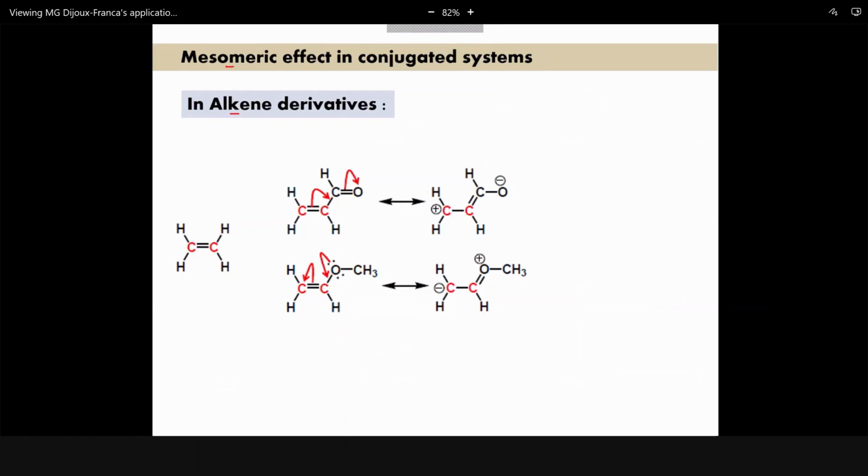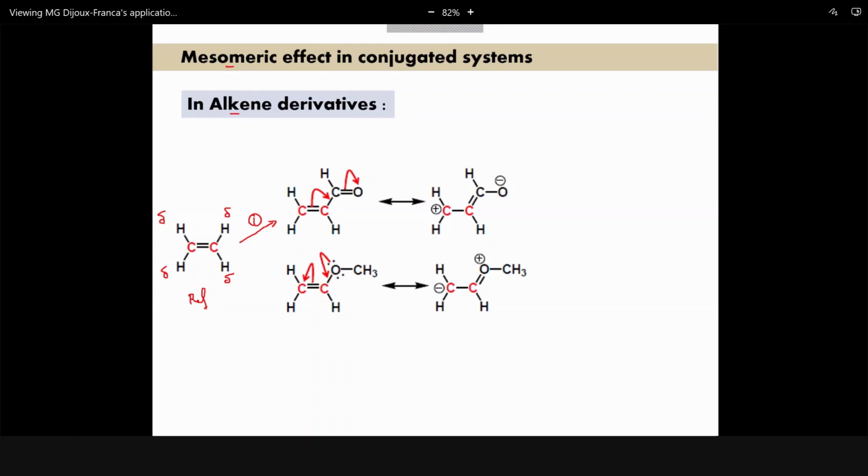For example, if this is the reference value with the delta here, the delta value is the same everywhere because the molecule is symmetric. If we go here to the first example, we add in the structure an aldehyde group, but it could also be a ketone or an ester group. It will be exactly the same.